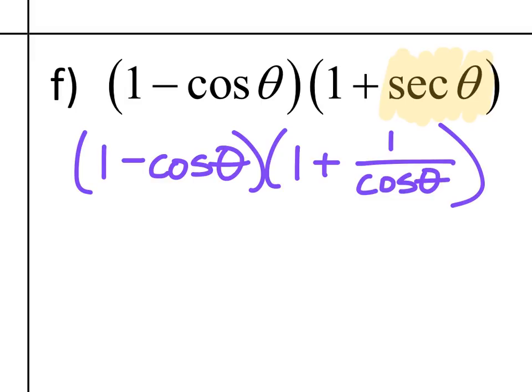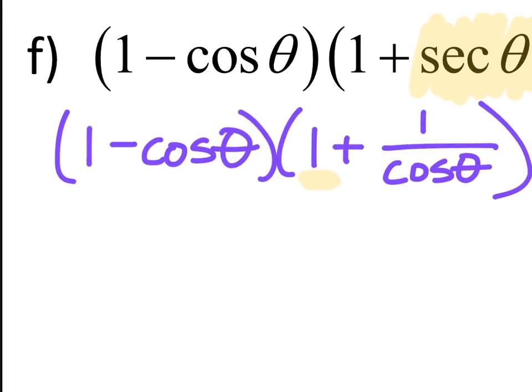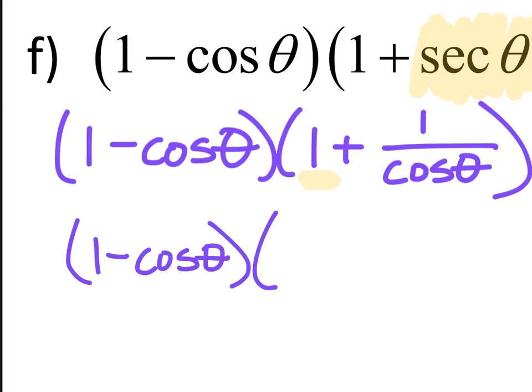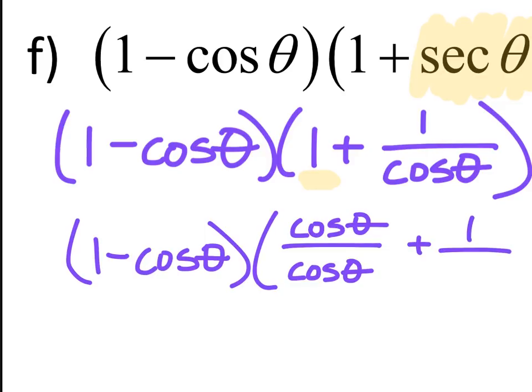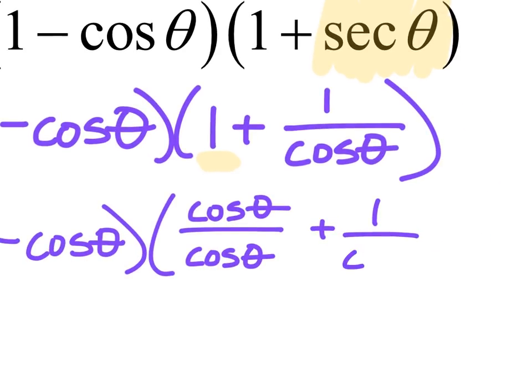Now, I'm going to change the 1 right here. I'm going to change that to cosine over cosine so that I have common denominators. So I'm going to keep the first binomial, 1 minus cosine of theta, but the next one I'm going to change to cosine of theta over cosine of theta plus 1 over cosine of theta.